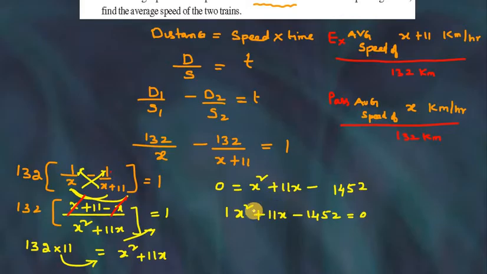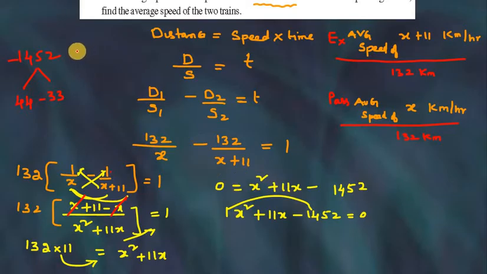So solve the quadratic equation. 1 into this one is 1452. So what are the factors for 1452? You will get many factors, but I am writing directly here: 44 and 33. So if I take minus 33, 44 into 33 is 1452.